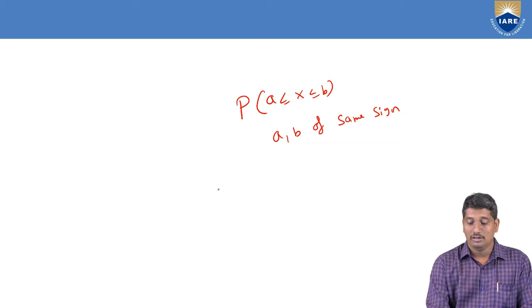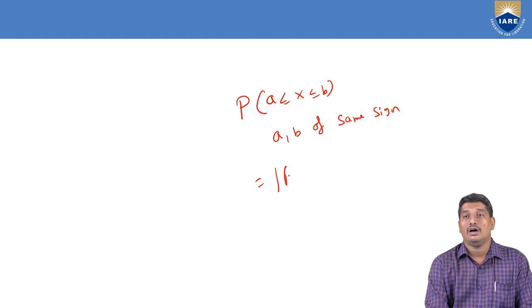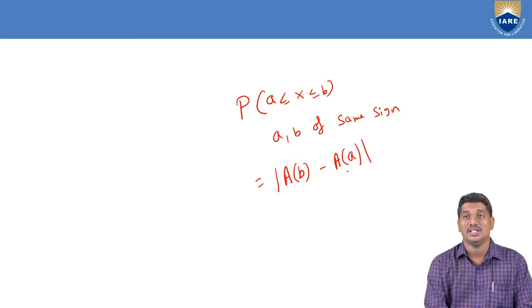If a and b are of the same sign, then the probability equals the modulus of the area less than b minus the area less than a on the normal curve, that is |area less than b − area less than a|. This is the formula we use to calculate the probability of x lying between a and b, where a and b are of the same sign.